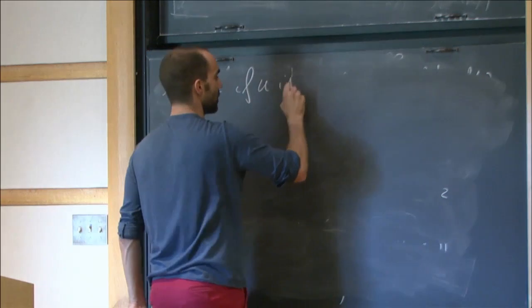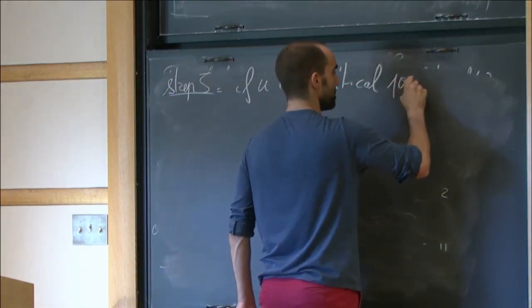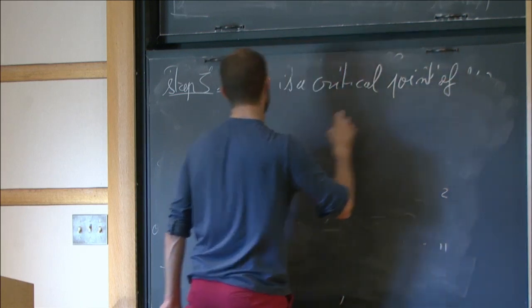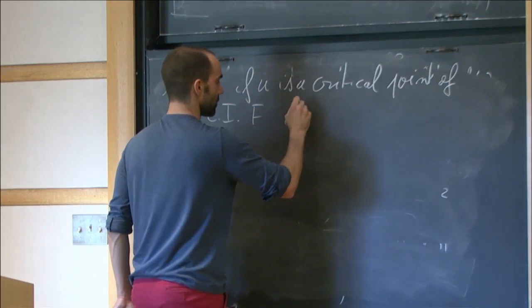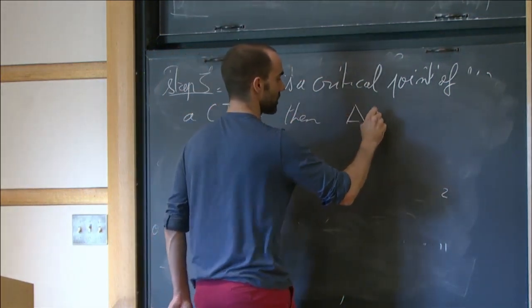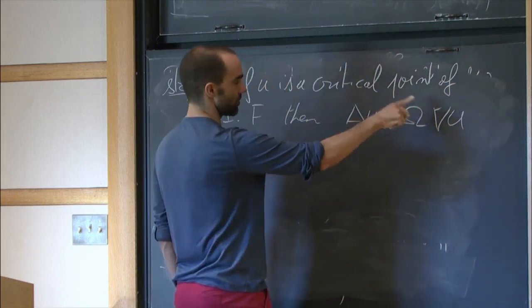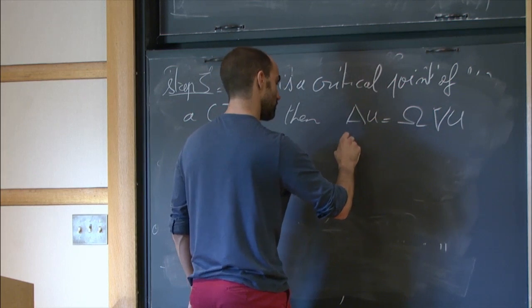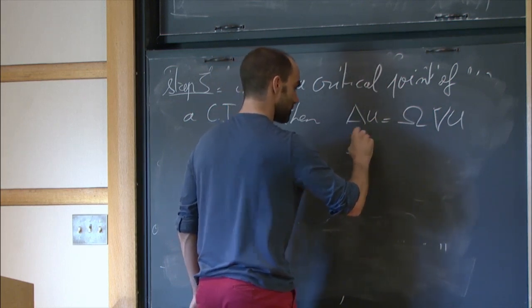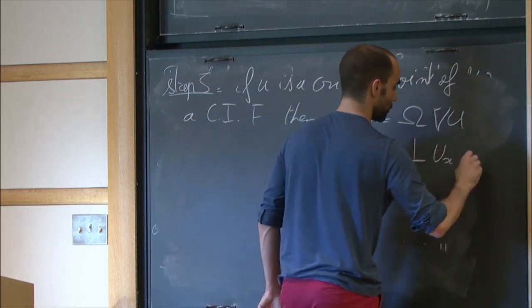If u is a critical point of a conformally invariant functional, so of course you have a solution of star, but there is another property because this comes from the invariance by rotation, but if you use invariance by dilation, you can see that the right hand side is always orthogonal to ux and uy.